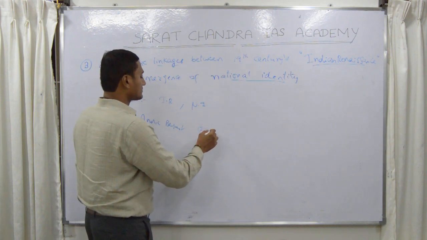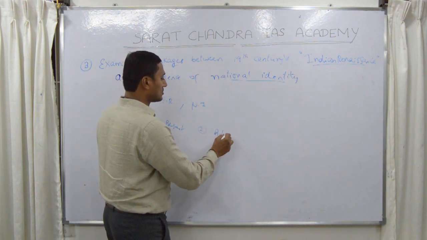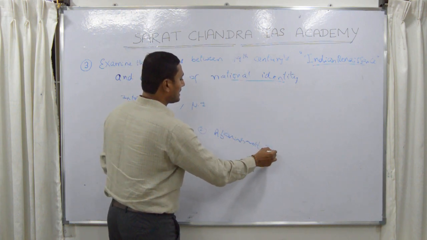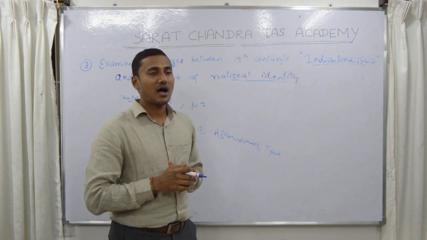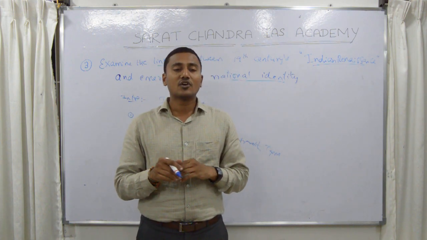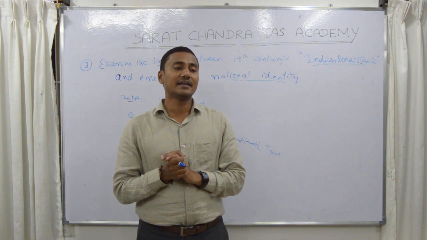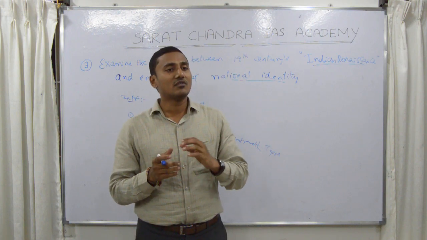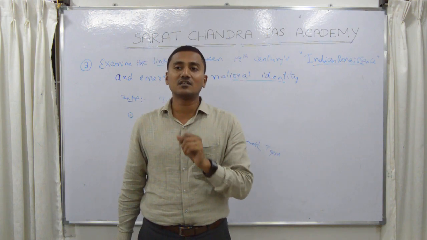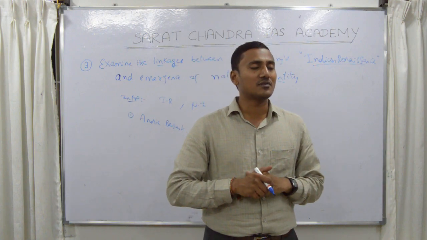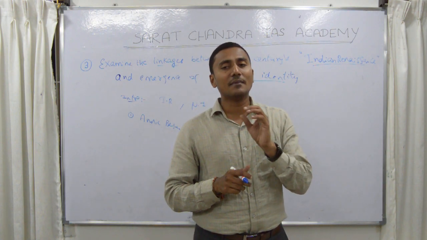Second, for example, you can talk about Abanindranath Tagore. Abanindranath Tagore created an Indian style of painting in the late 19th century, where he was inspired from non-Western artistic traditions. Particularly, he drew inspiration from ancient Indian and medieval Indian art.